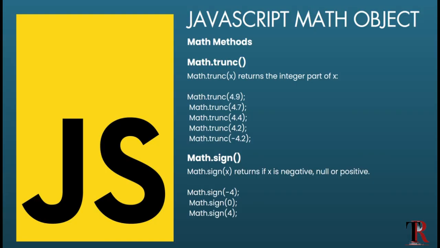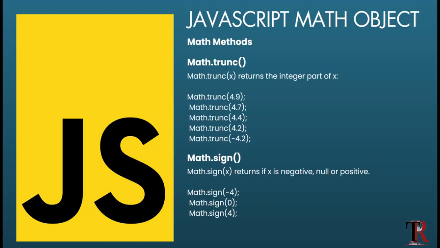Trunc is simply shorthand for truncate. When you hear the word truncate, it means to cut something short. Math.trunc returns the integer part of the number. So when you use Math.trunc on a number, it will return the integer part and not the decimal part.